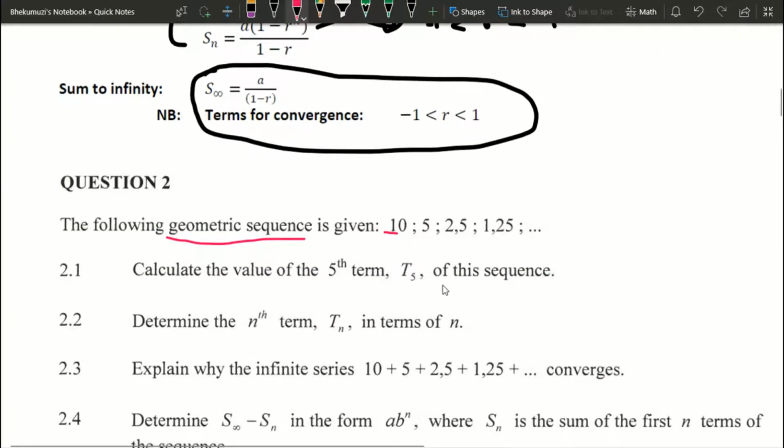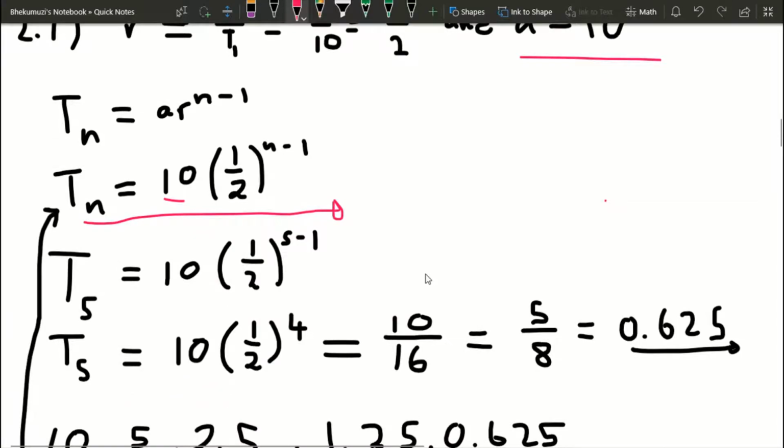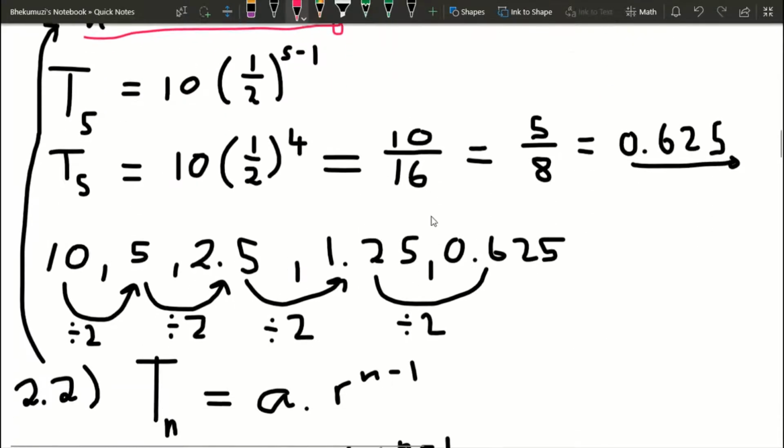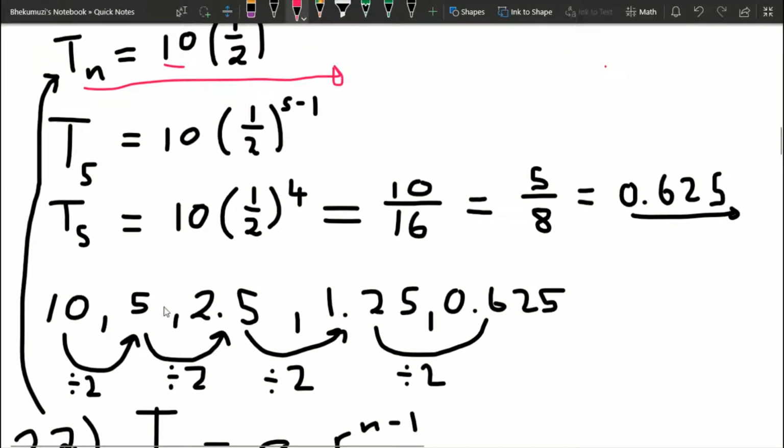Okay. Yes, this is one of the ways you could do it, but the other way is if you noticed that 10 divided by 2 gives you 5, and 5 divided by 2 is 2.5, and 2.5 divided by 2 is 1.25, and 1.25 divided by 2 will give you 0.625. So it's either of these two ways, but both of them are quite correct, and it works.